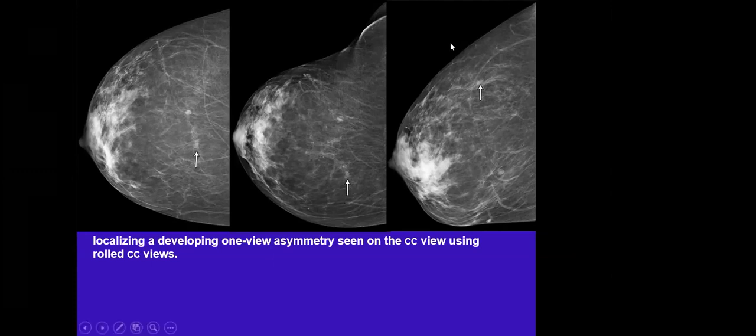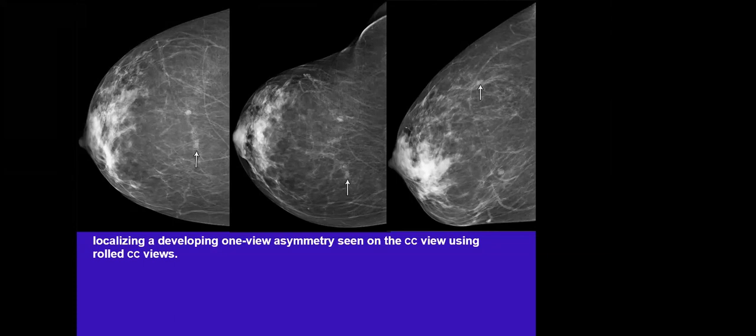This is medial and this is lateral. So is this lesion superior or inferior? Superior, because it moves medially. Here we rotate the breast laterally and it moves laterally. Yes, it moves with the breast, as we mentioned.